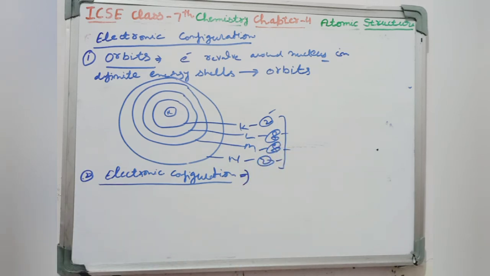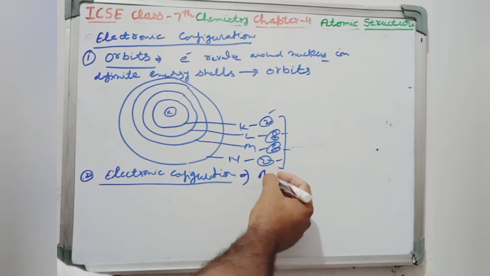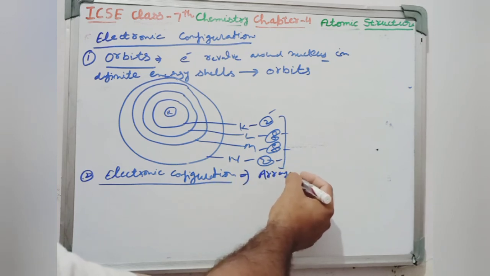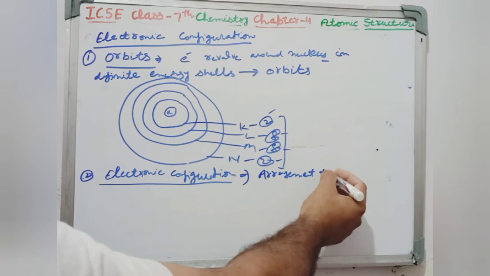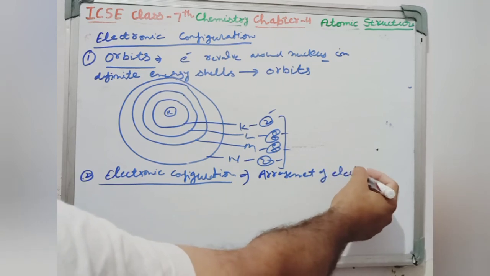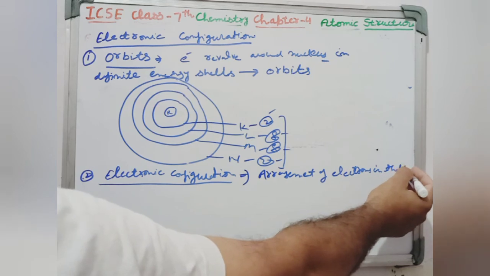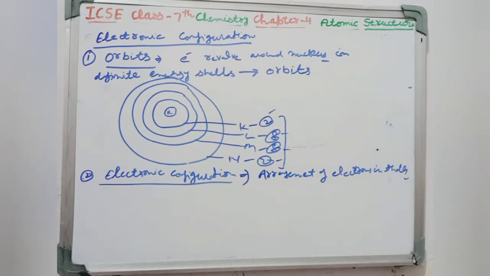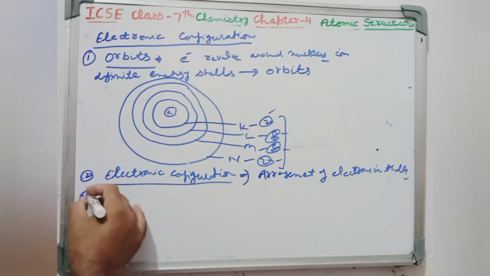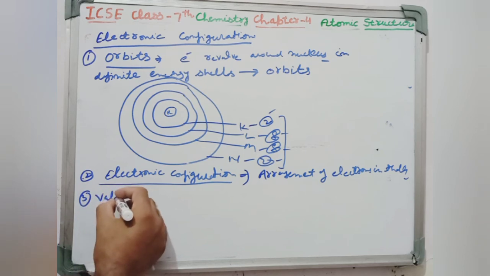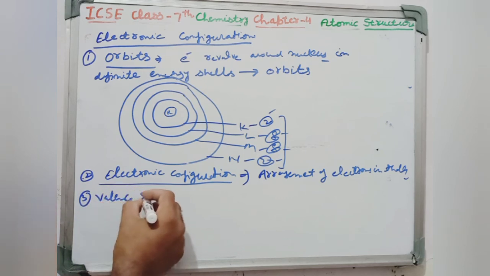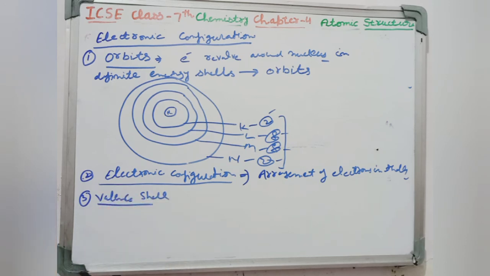So what is electronic configuration? Arrangement of electrons in shells. Now the third important thing is valence shell.